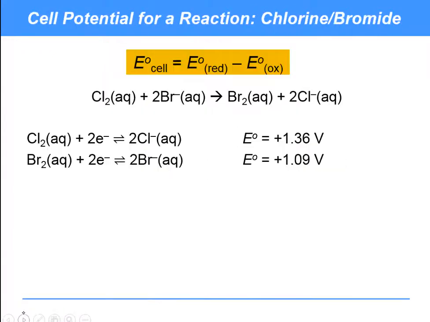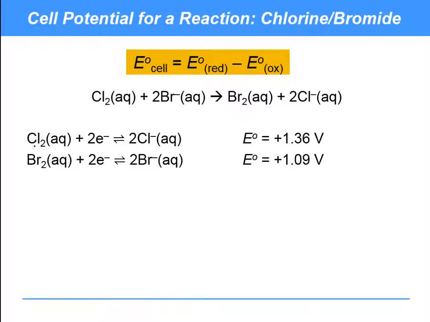Okay, now let's think about why this is useful. I've just put the equation up here. We're going to consider this reaction between chlorine and bromide ion, which in the previous video we showed was a feasible reaction. So let's see what happens when we use this formula.